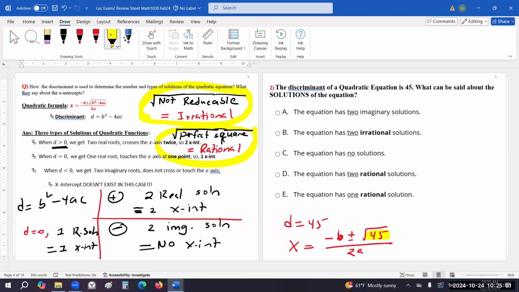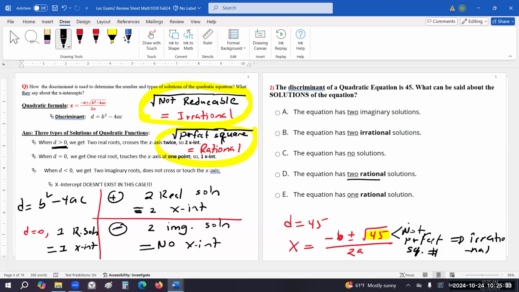So we have two real solutions. And 45 is not a perfect square number. Since it's not a perfect square number, that means it's irrational. So we have two real irrational solutions.